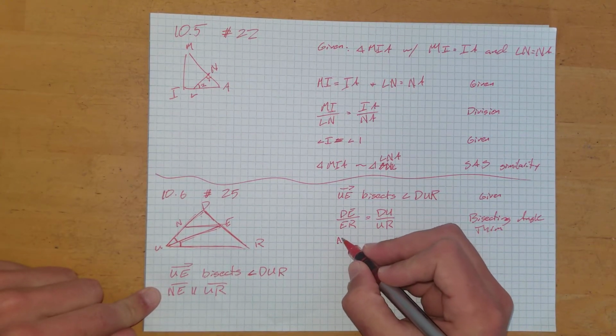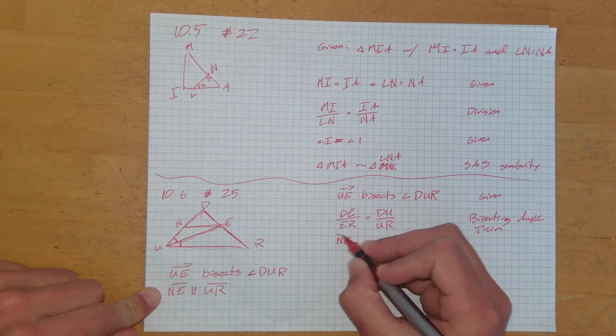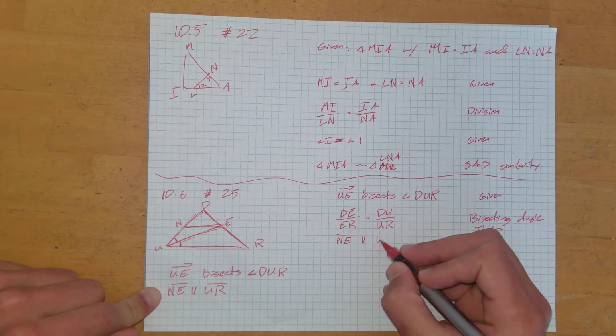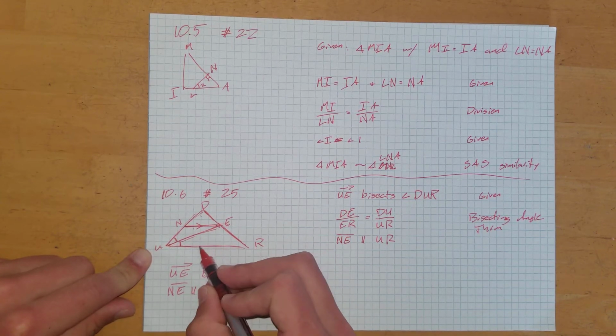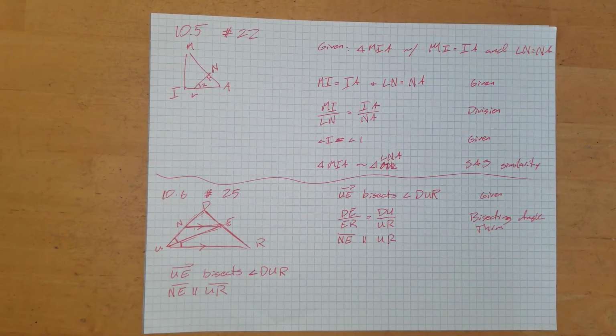So next given, NE is parallel to UR. So NE right here is parallel to UR. And what this should remind you of is the side splitter theorem.